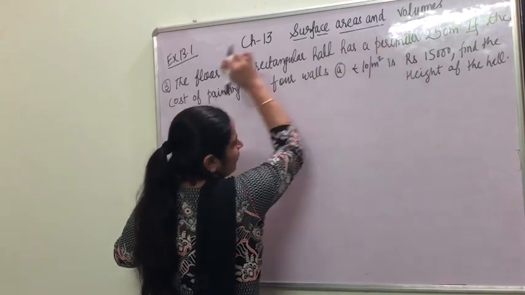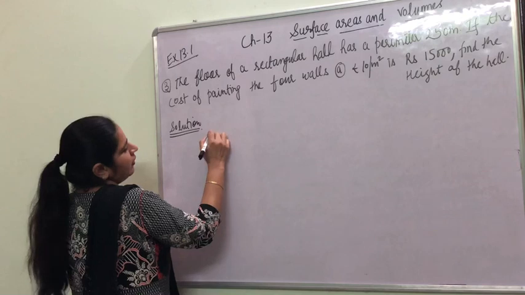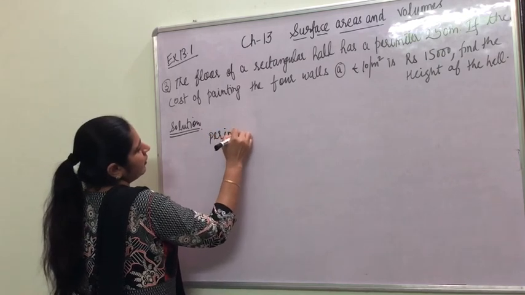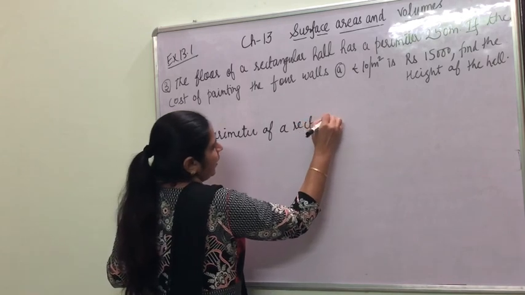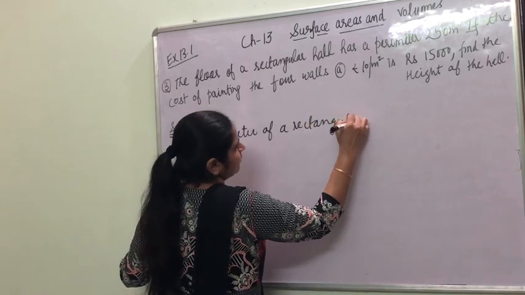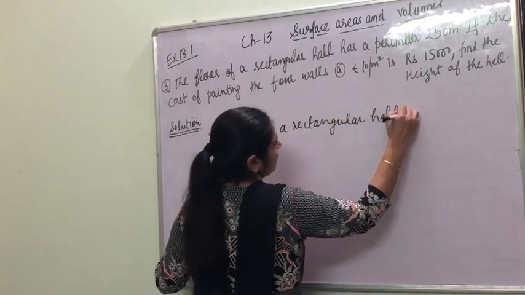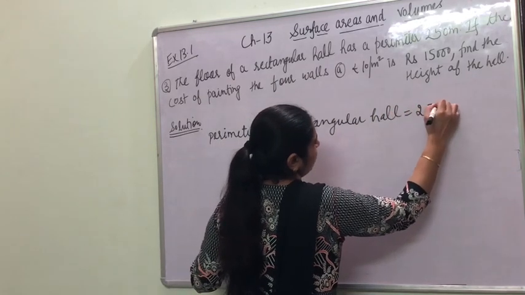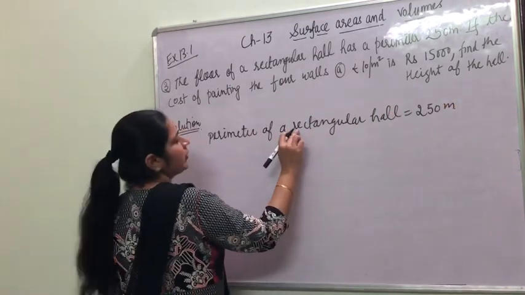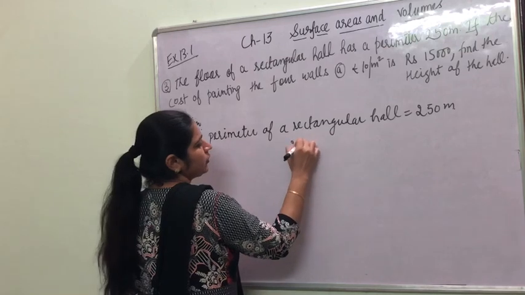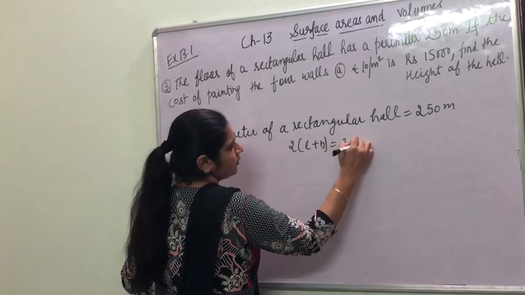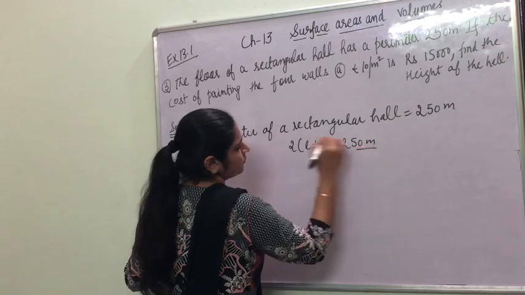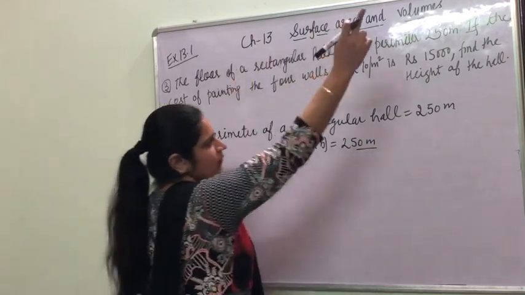What do you mean by perimeter of a rectangle? Apply the formula of the perimeter of the rectangle, which is twice of L plus B, given as 250 meter.